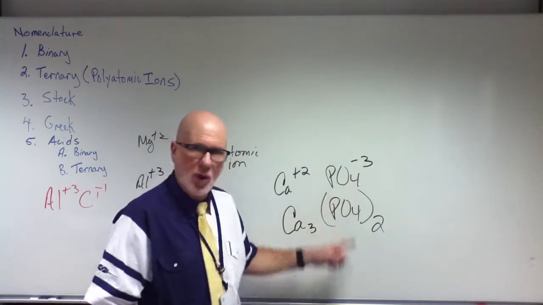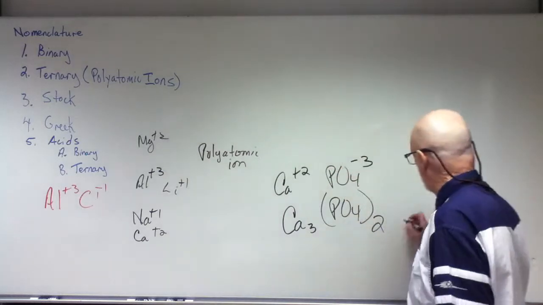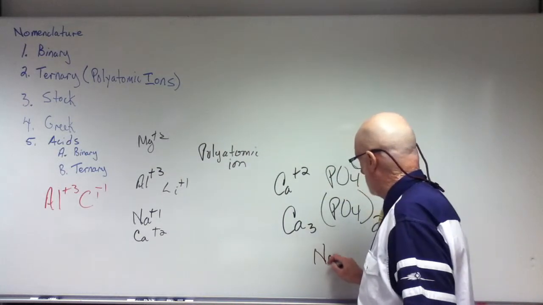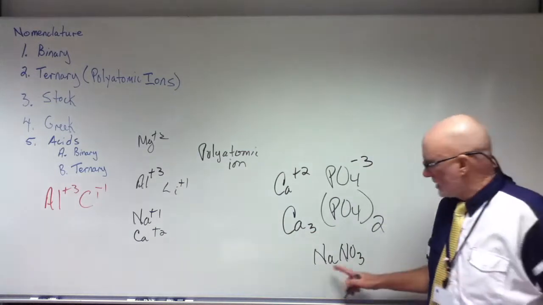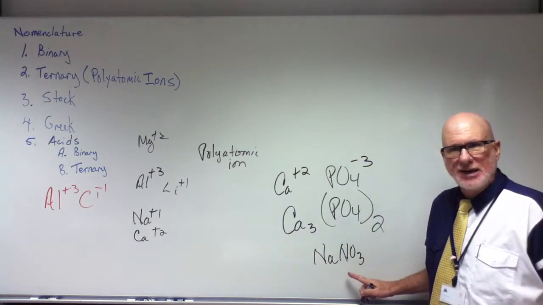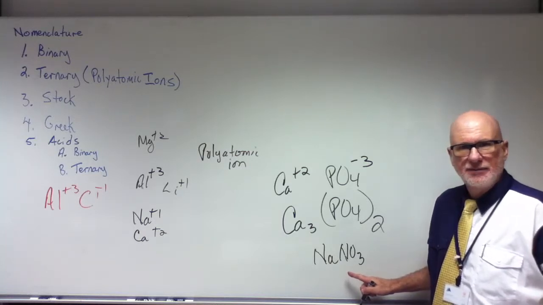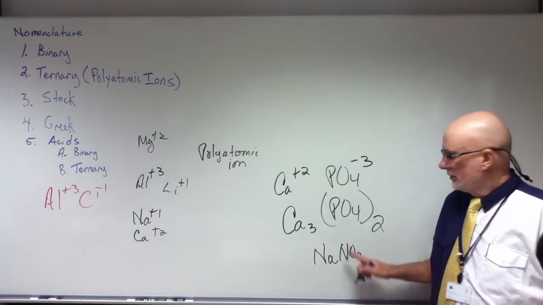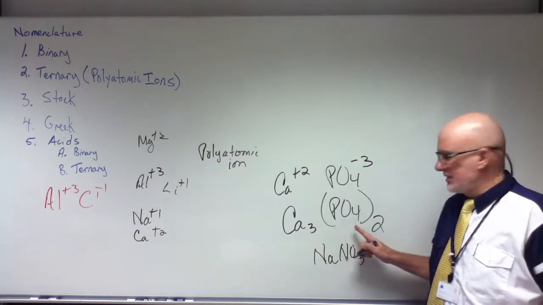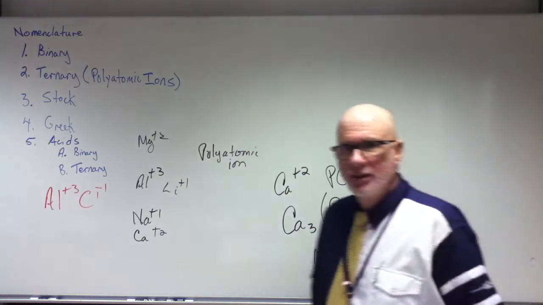If you're only having one polyatomic ion, like the last one was sodium nitrate, I only had one polyatomic ion there, didn't I? Do you need parentheses? No. That would be wrong. You have to use parentheses if you have more than one. Do you understand?